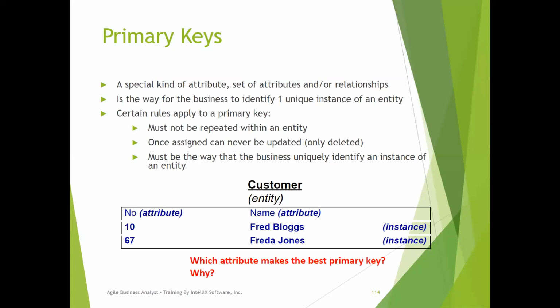So for example, when you think about a person, let's say I'm a patient and I'm going to a doctor. One of the pieces of information they try to capture is a social security number. Now, can two people have the same social security number in the US? No. So it's unique, and it represents one and only one person.